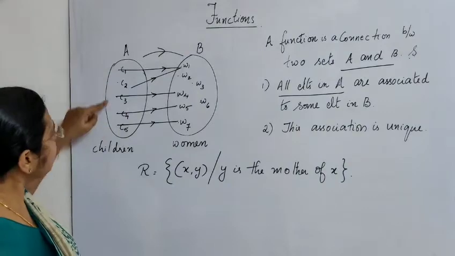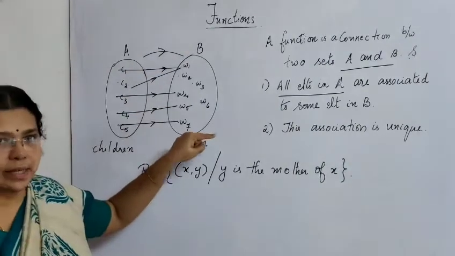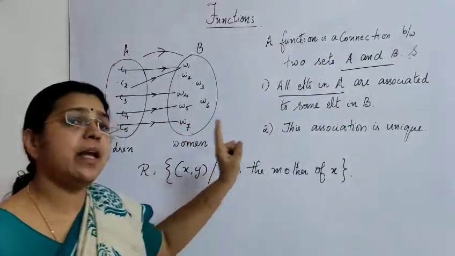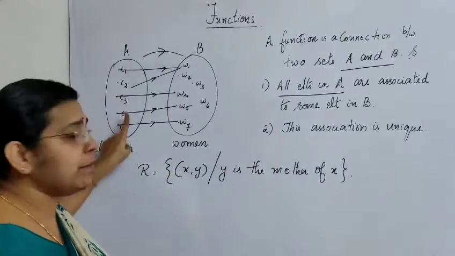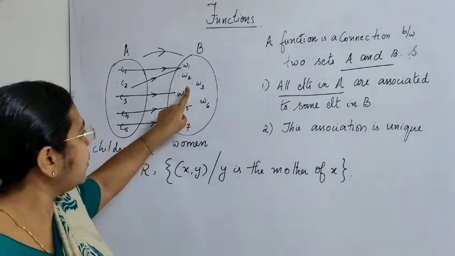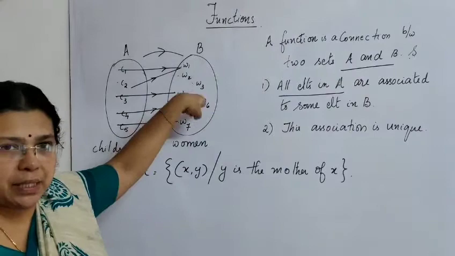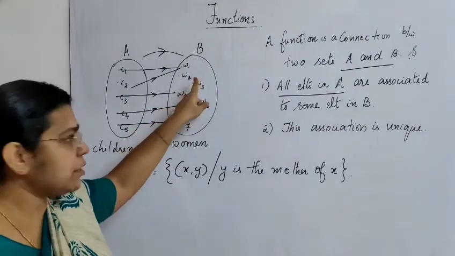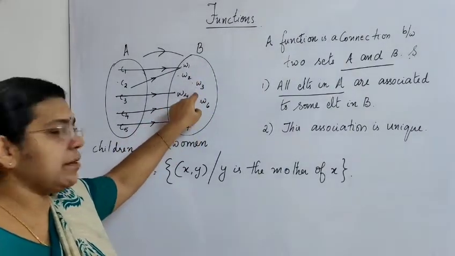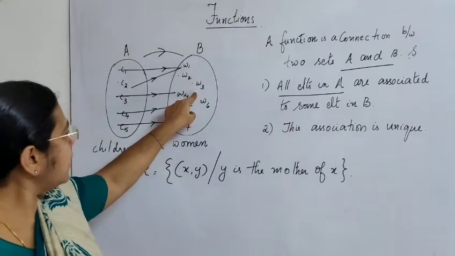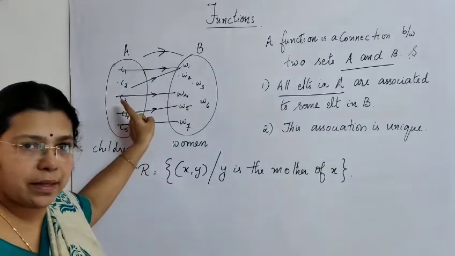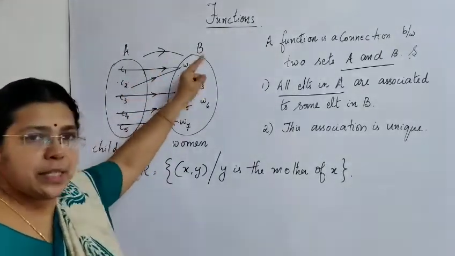That is, all the children have their mothers this side. Every child will have a mother. So every element in set A will be associated to some element in set B. But there will be elements in B who don't have children, right? So that way it is possible.